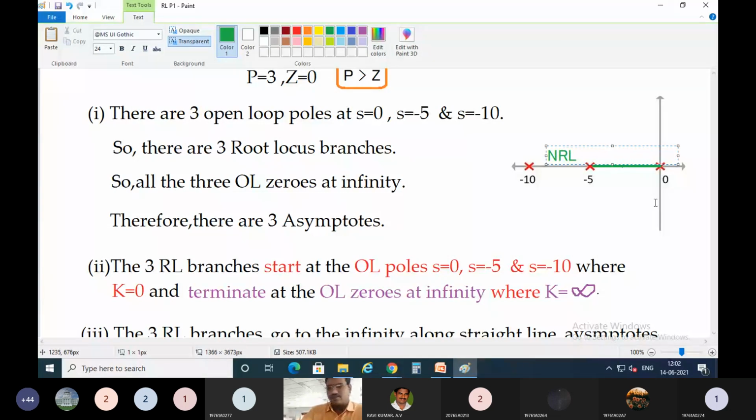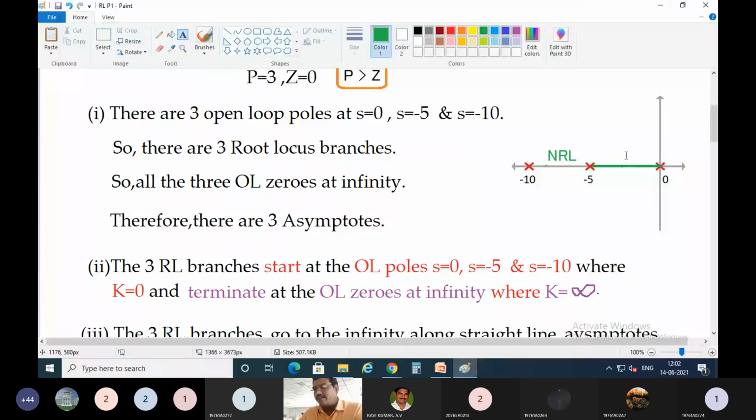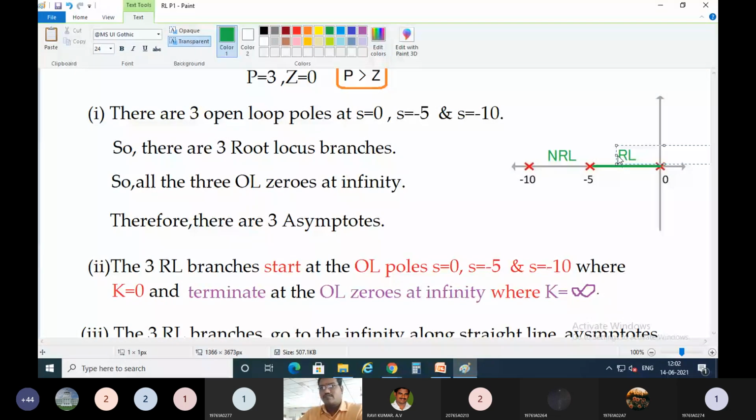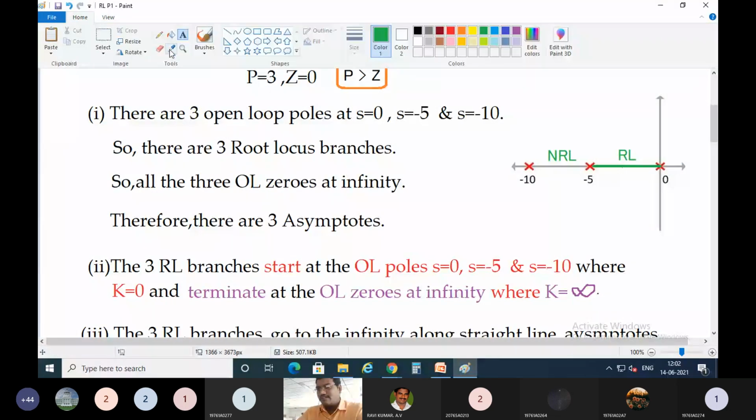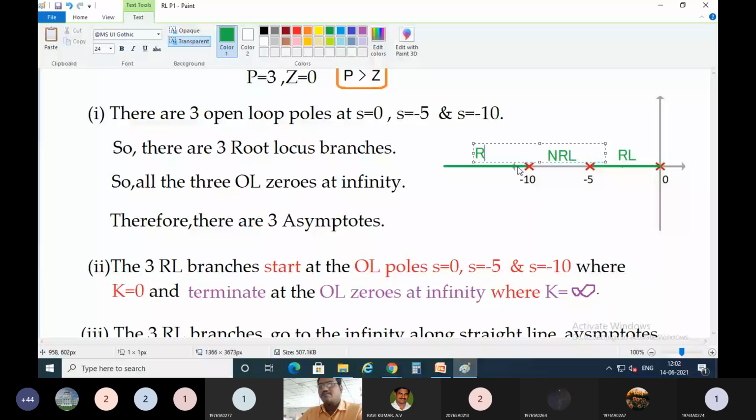After minus 10, if I take minus 11, to the right side of this, there are 3 poles. 3 is an odd number. Odd number means compulsory there is a root locus. So from minus 10 till minus infinity there is a root locus.